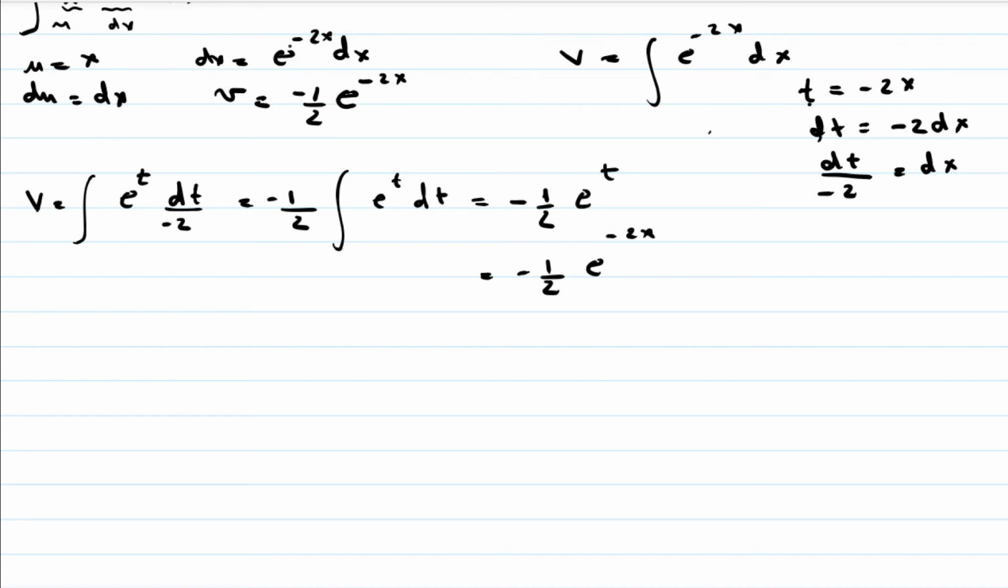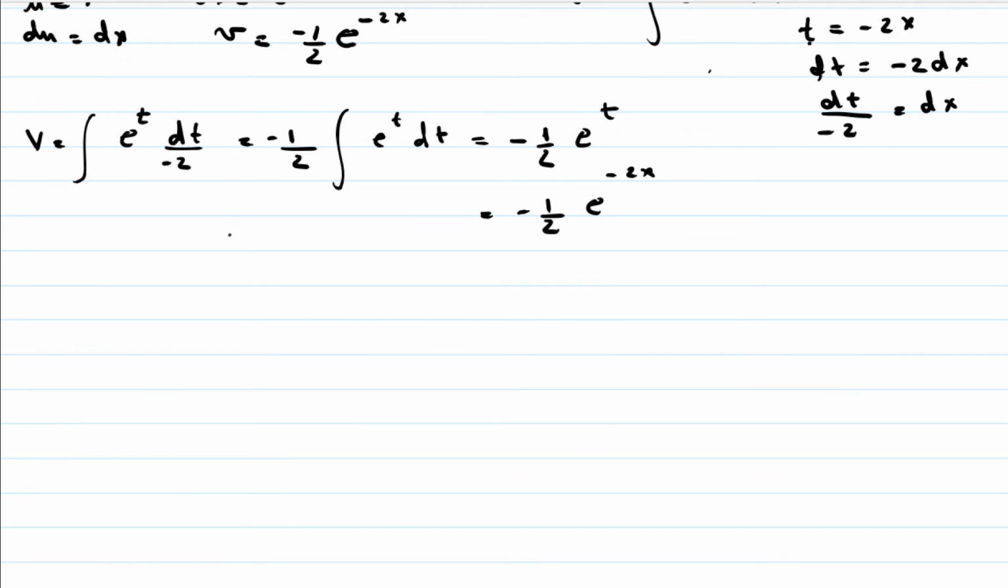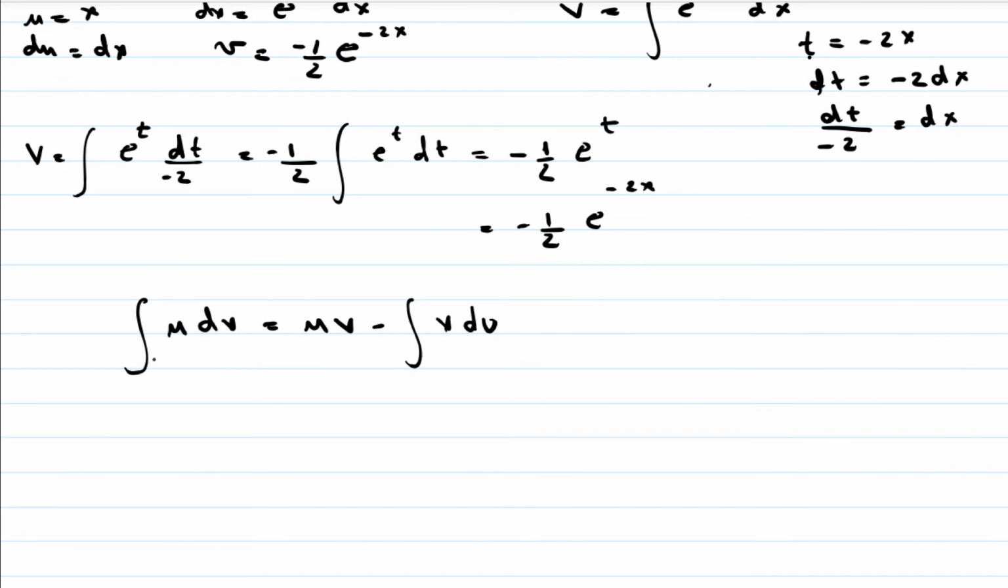Fine. Now we have to apply the formula we use when we're dealing with integration by parts, u dv. Now the formula we apply is, we know that the integration of u dv is equal to u v minus the integration of v du. Now the next thing to do is very simple. We're just starting from this onward, okay?